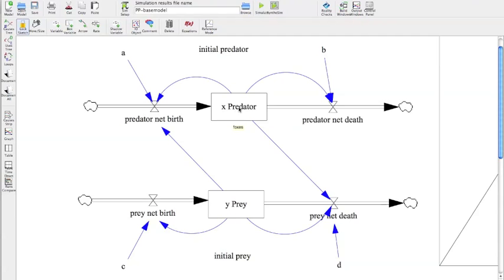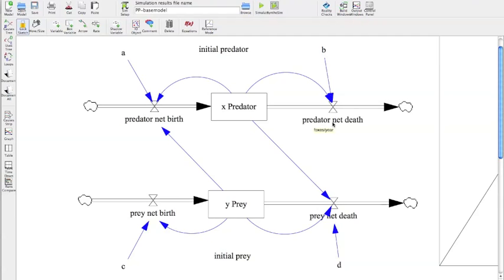Let's take a look at what goes into the predator. The predator has a birth rate, which we're calling predator net birth here in the model, and it's got a death rate defined by predator net death. There's an initial predator population, and there are rates of A and B that come into feeding the births and the deaths of the predator.